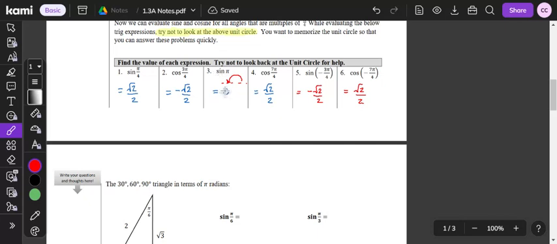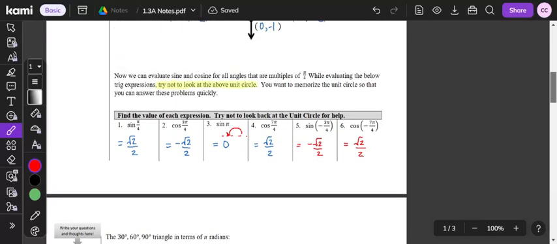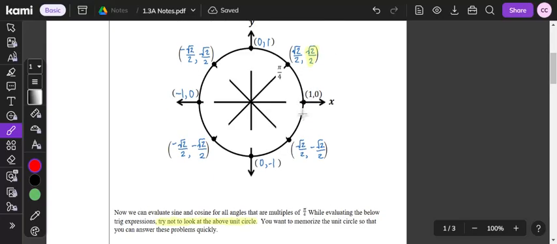Now, the other thing I want to point out is these negative ones. Hopefully you figured it out by now, but in case you haven't, a negative angle, remember from one of the previous lessons, goes the opposite direction. So if I say sine of negative 3 pi over 4, that means I'm actually going this way around the circle, clockwise, and 1, 2, 3 pi over 4, that's right here, okay?